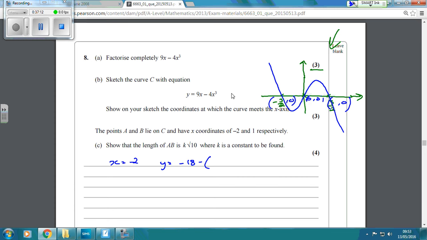So -4 times -8 is going to be +32. So it's going to be -18 plus 32, which equals 14. So we've got the coordinate -2, 14.